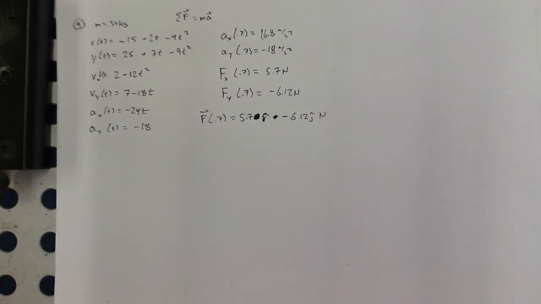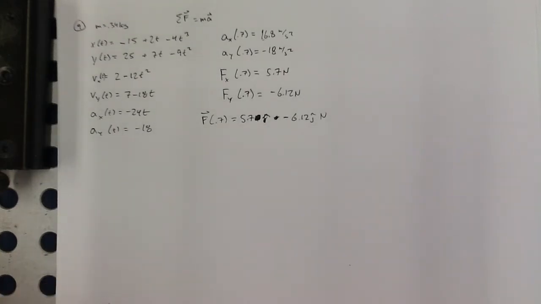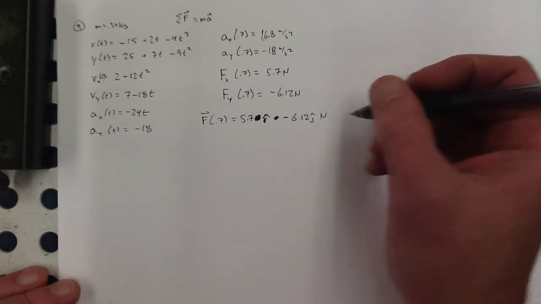But what do they want? They want the magnitude and angle. So magnitude here is going to be the square root of 5.7 squared plus 6.12 squared.